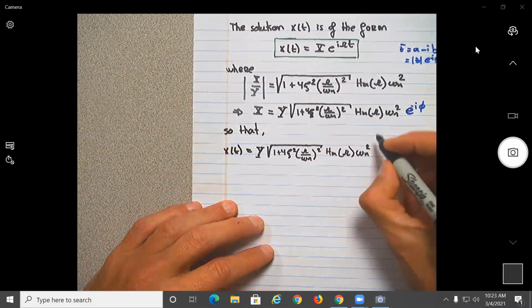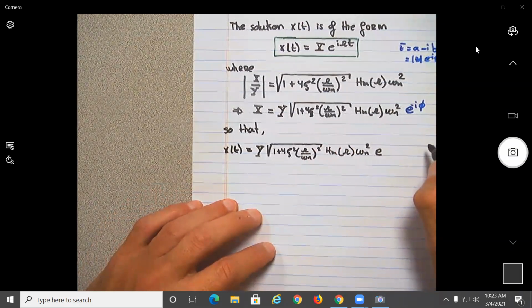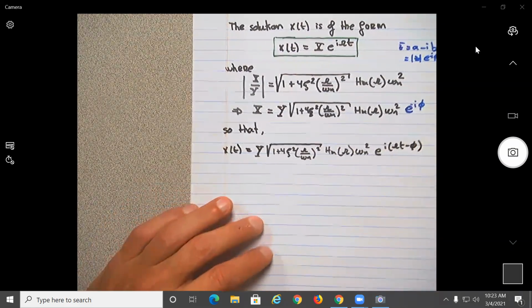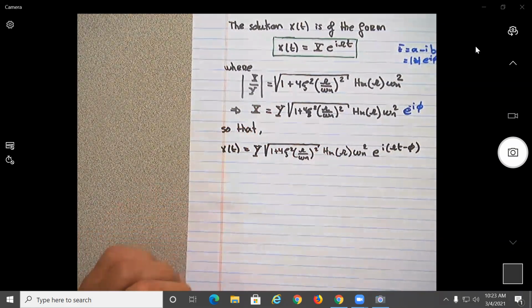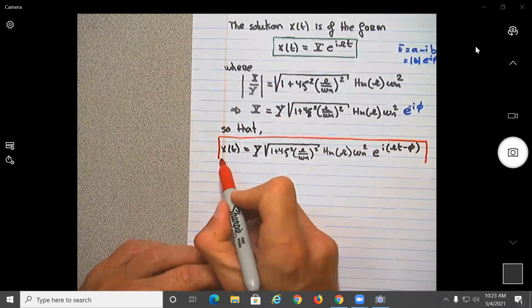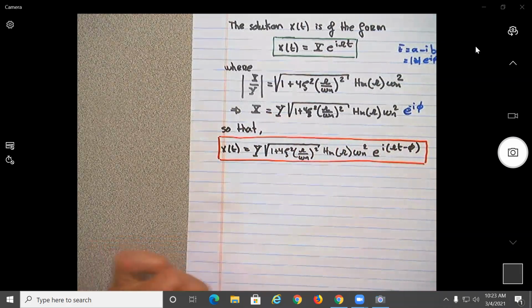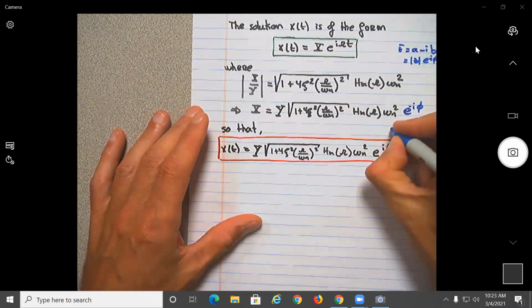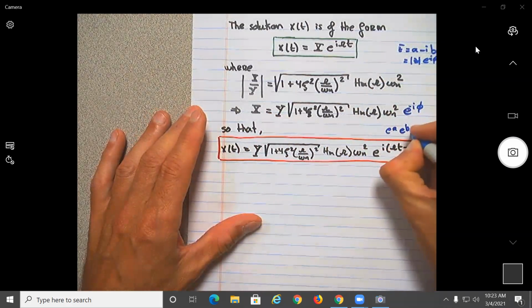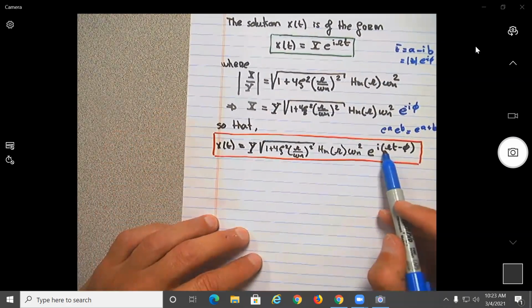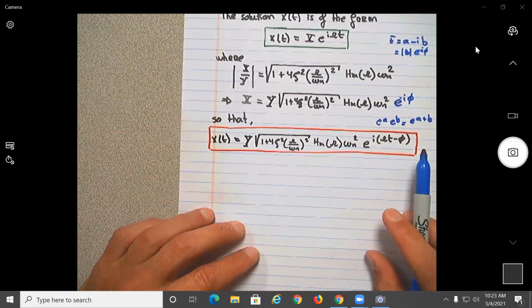And now this would be e to the i capital omega t minus phi. Okay, again, here we use the relation that exponential a times exponential b is equal to what? Exponential a plus b, no? You see, I add this one to this one, no? Yeah, that's all I did.